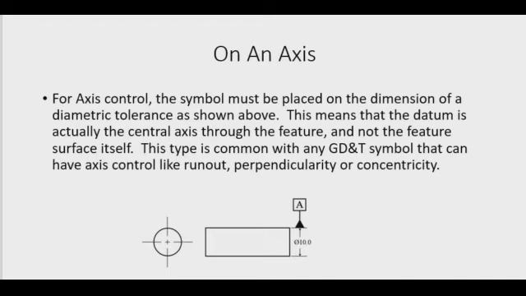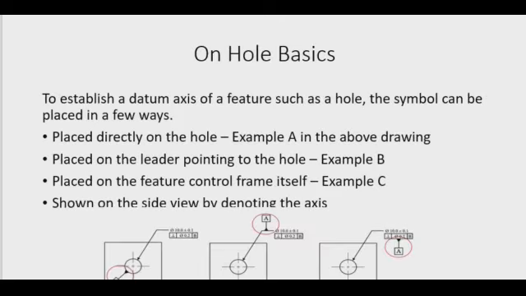Next, on an axis: if we take a diameter at the center axis of a feature, or at a certain axis of a feature, the datum or tolerance will be applicable. Also on holes: if we take a rectangular block with a hole of 10 mm, at that point the datum can also be applicable.